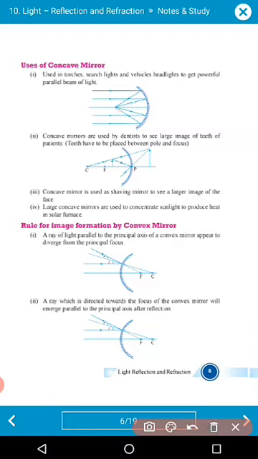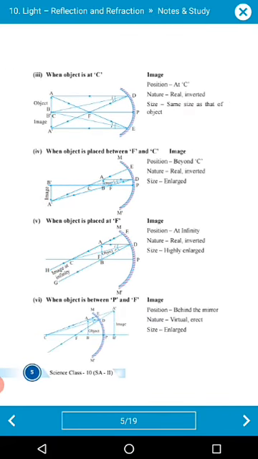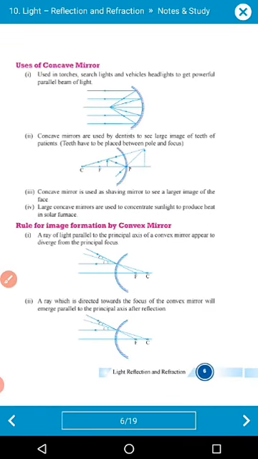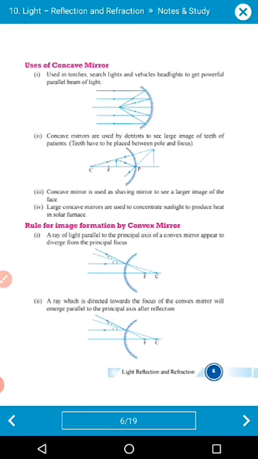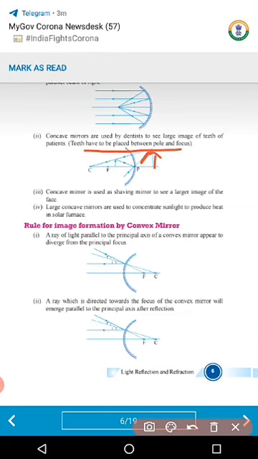So we are getting the image at a particular region. Fine. Another, concave mirrors are used by dentists to see a large image of teeth. If I put the object very close to the mirror, I get an erect and larger image. Whenever dentists put their mirror very near to the teeth, the teeth are between pole and focus, so the teeth become larger and the dentist can see them very clearly.